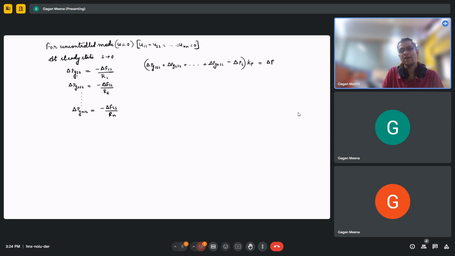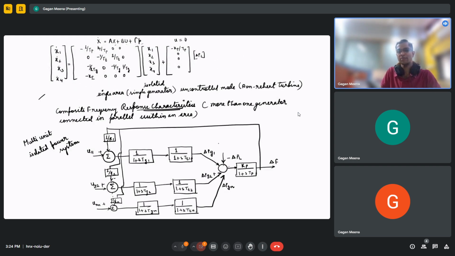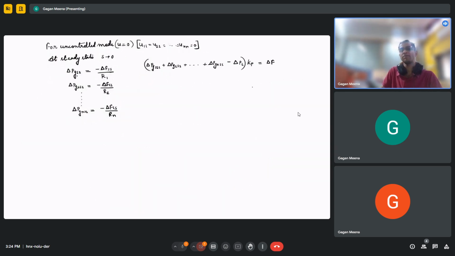This is equal to delta F. This is coming from here, this one. We used just this part. By substituting s equal to 0, we will get this. And if we replace delta PG1 steady state by minus delta F by R1, and Kp we can write as 1 by D. So Kp is 1 by D, so we can transfer D here.